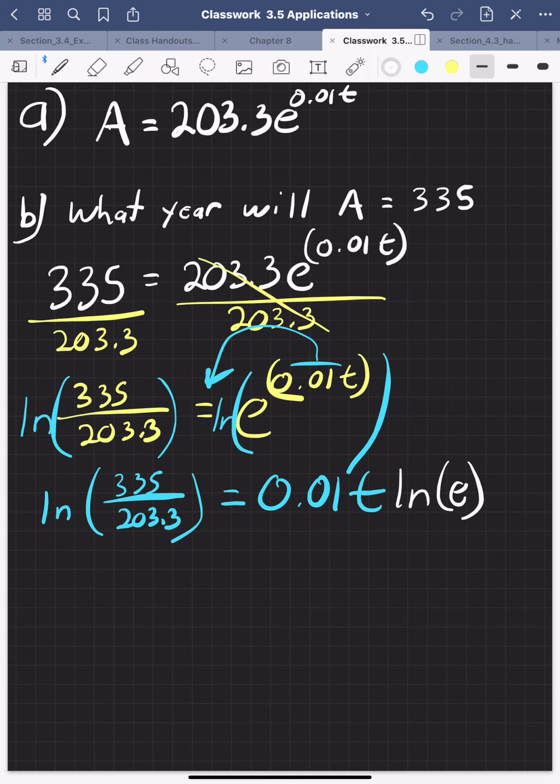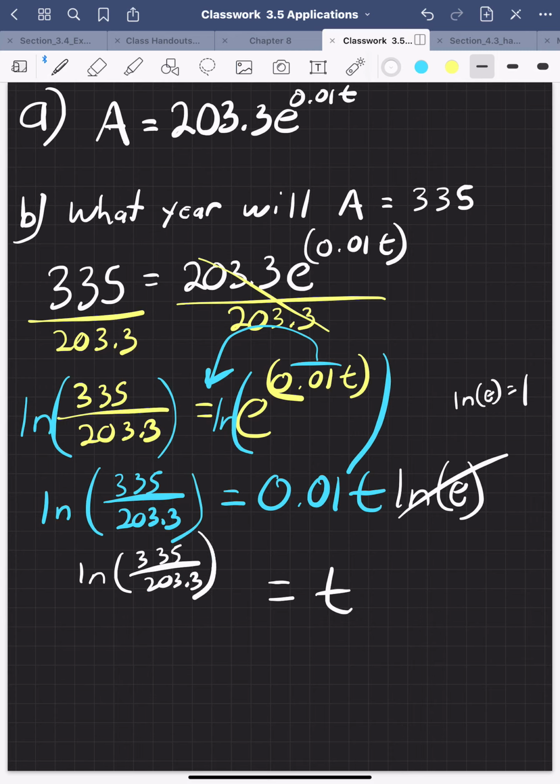And again, that ln of e cancels because it just equals 1. Almost done. All we got to do now is solve for t. So ln 335 over 203.3 divided by 0.01. Well, let's see what you get. So I'm getting a time of roughly 50.